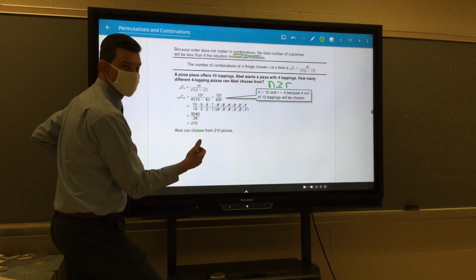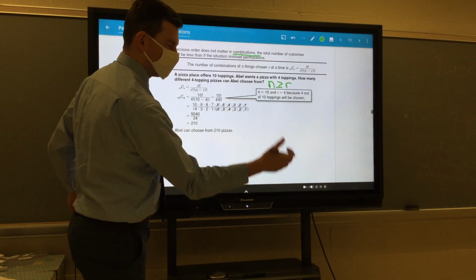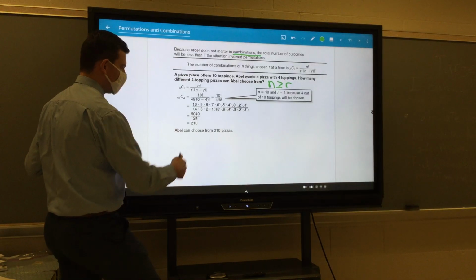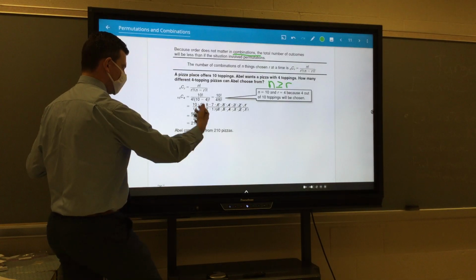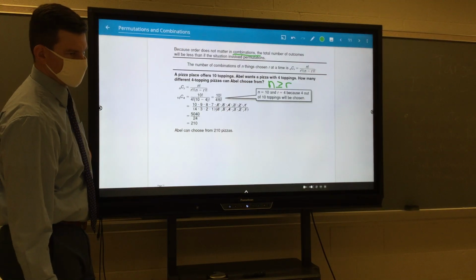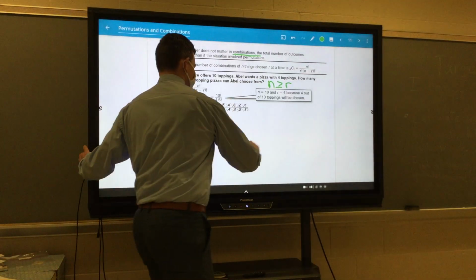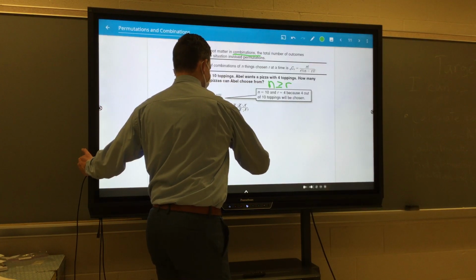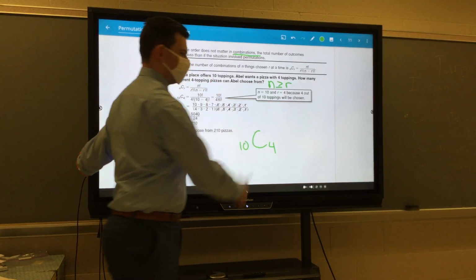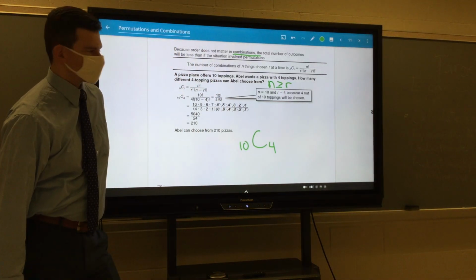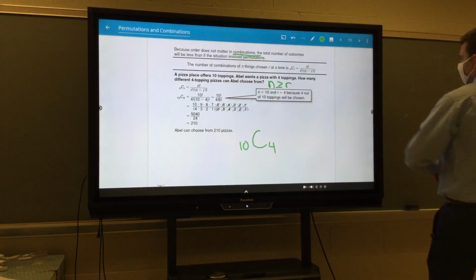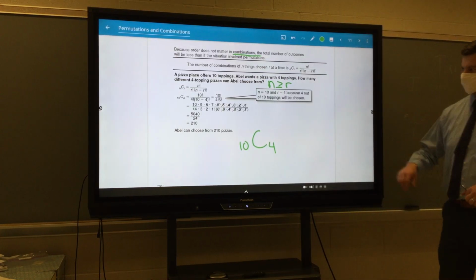A factorial is multiplication, so think about how that fits into the order of operations. 5,040 divided by 24, we have 210 different choices. Or you just type in on your calculator 10 combination 4 and get the same answer. Again, I will show you how to do that momentarily.